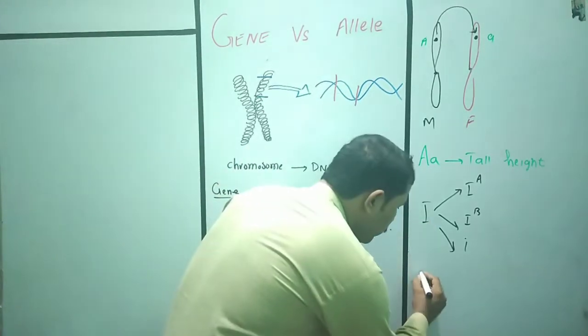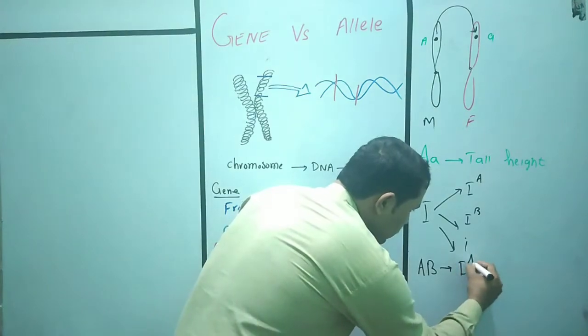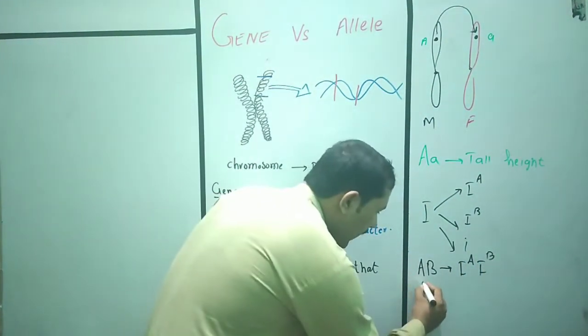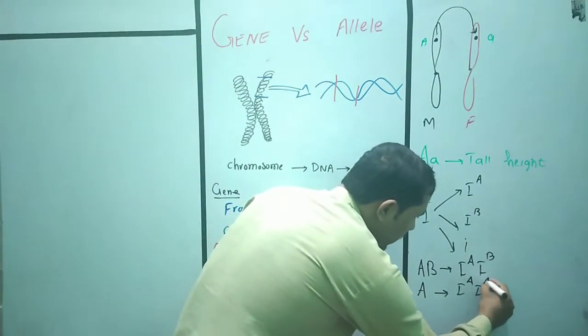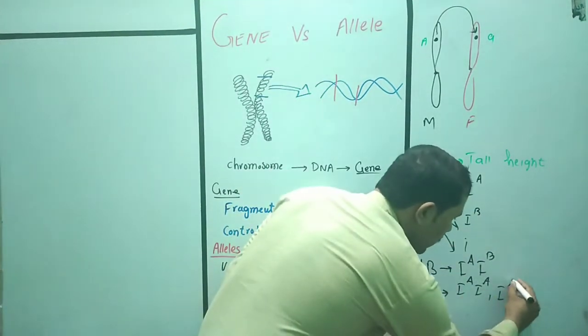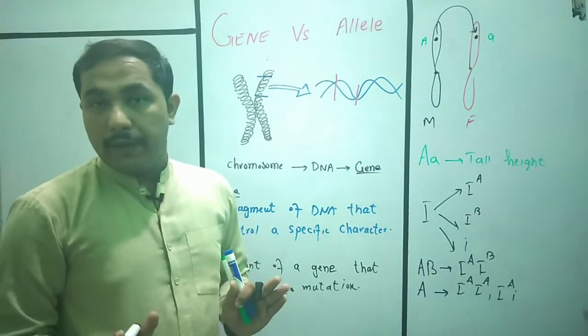Let's suppose for blood group AB, the individual has this genotype. For blood group A, there are 2 possibilities. Both can be homozygous, or it may be heterozygous, depending upon the condition of the parents.